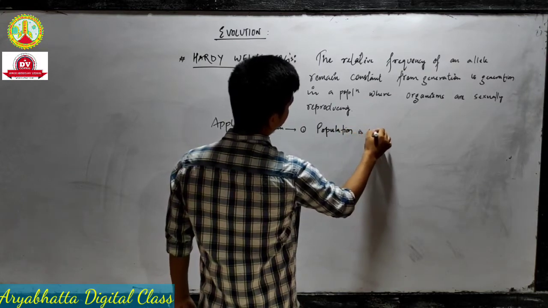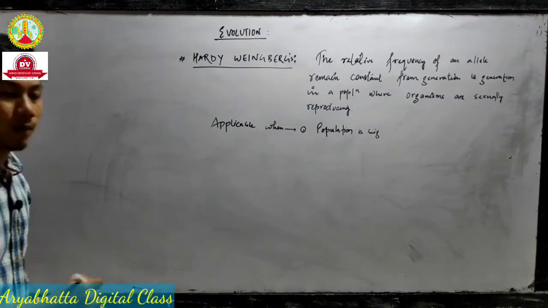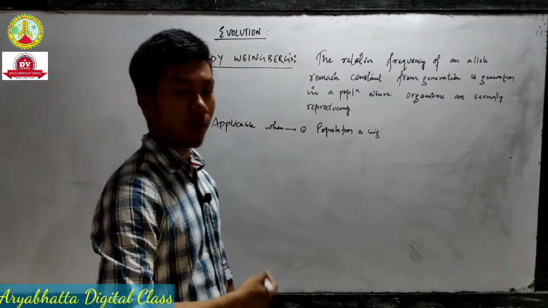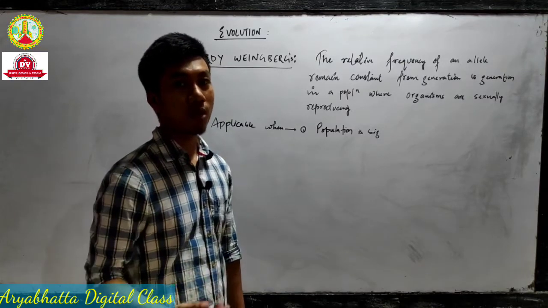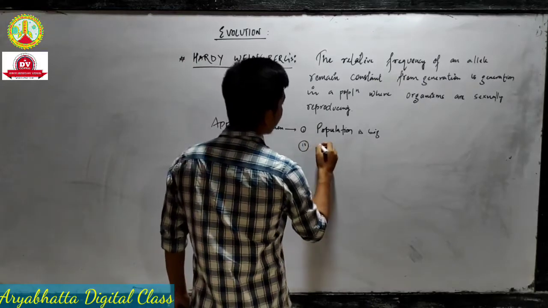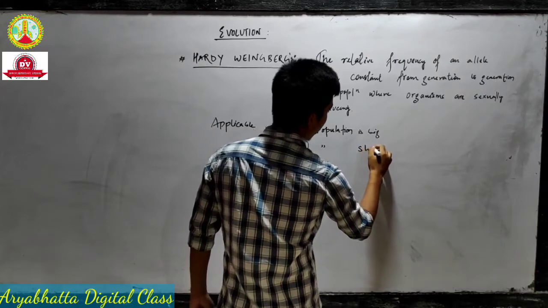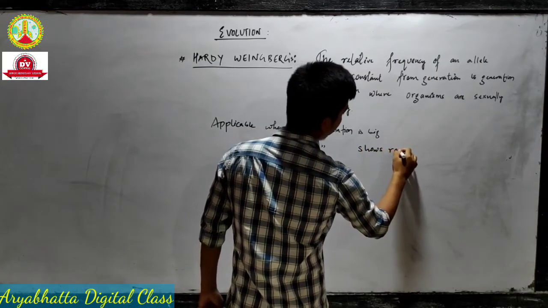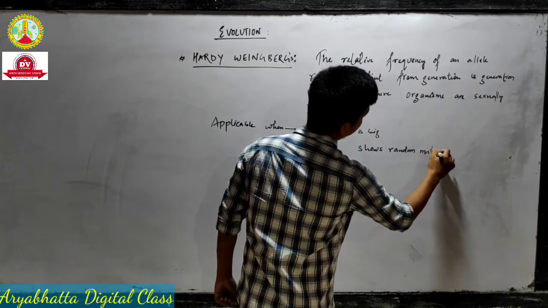Next thing, where it is applicable: only in a population where it shows random mating. Got it?